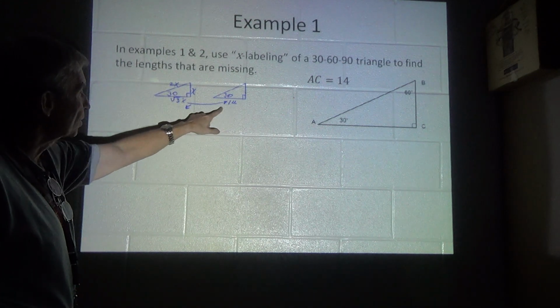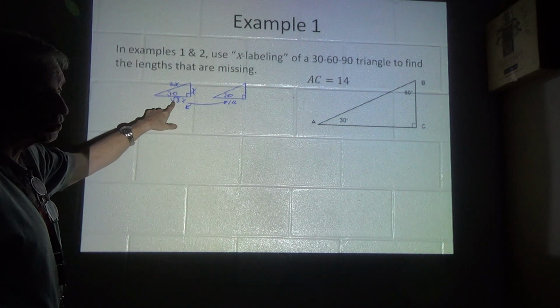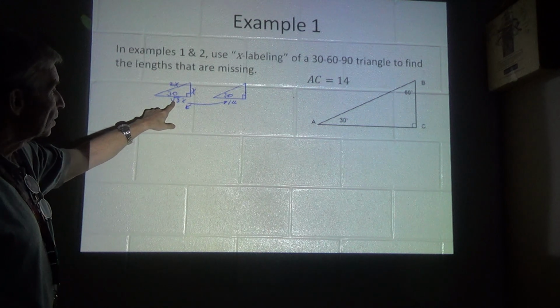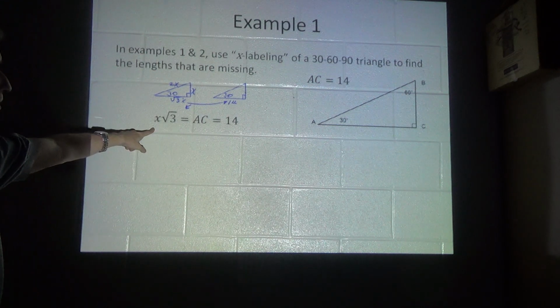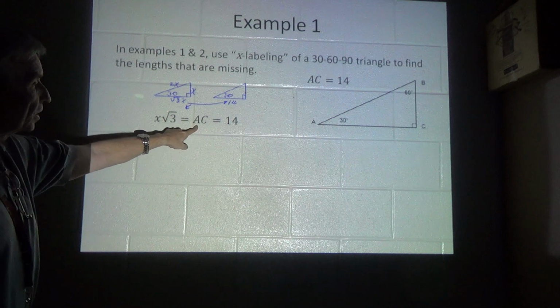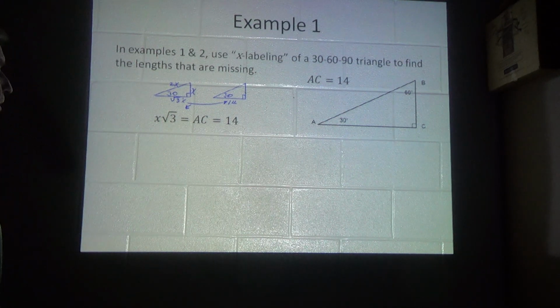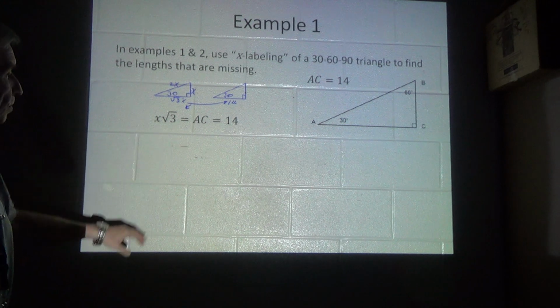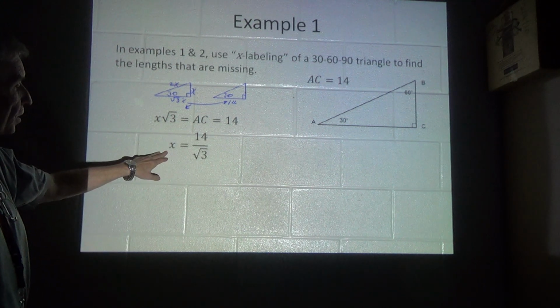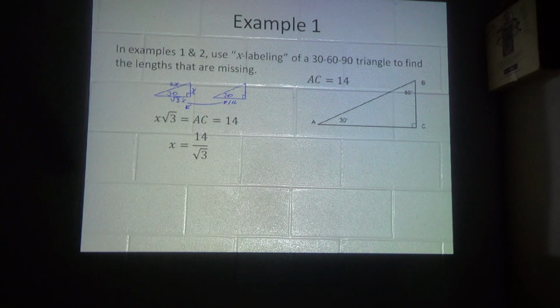The 14 goes here. That corresponds to the square root of 3x. So x times the square root of 3 is equal to the length of AC, which is 14. To find x, we simply divide through by the square root of 3, so x is equal to 14 divided by the square root of 3.